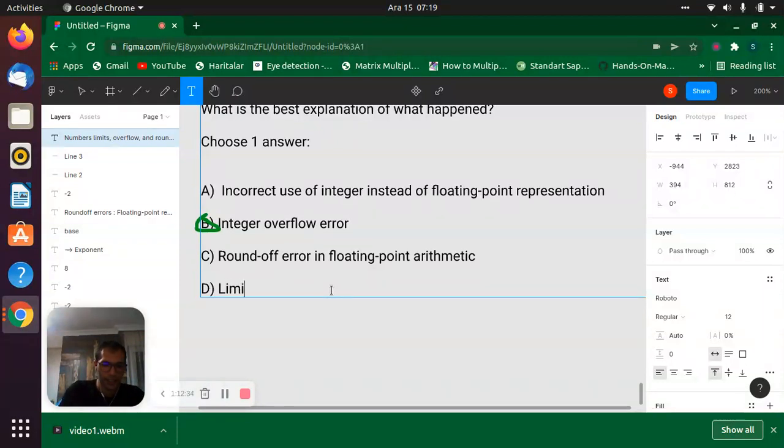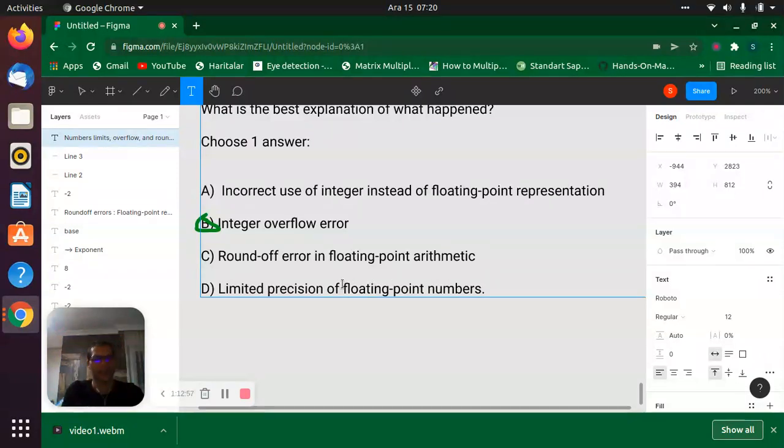And we say limited precision of floating point numbers.